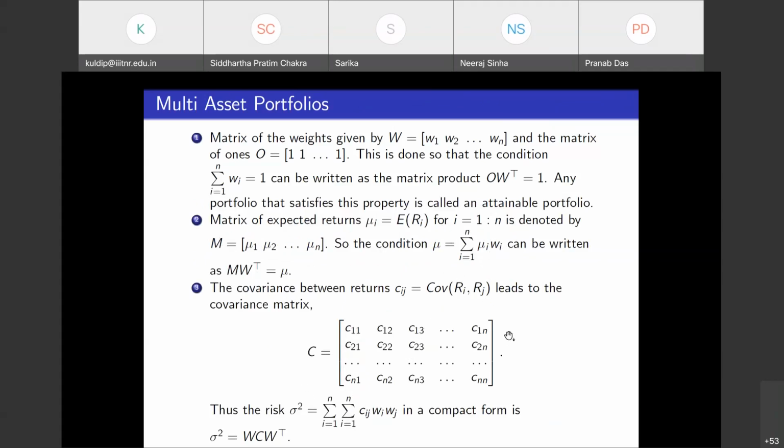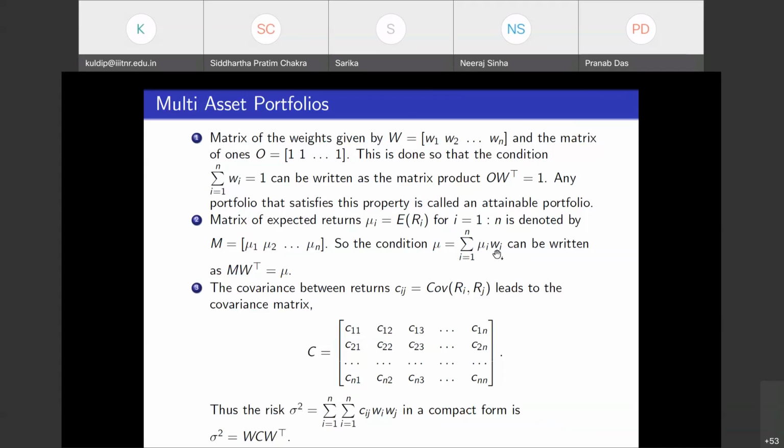So we take one set of mu. So like this, there can be infinitely many combinations of W1 through Wn, which adds up to 1. I can take it infinitely many ways. And for each of those ways, there is going to be one pair sigma mu.